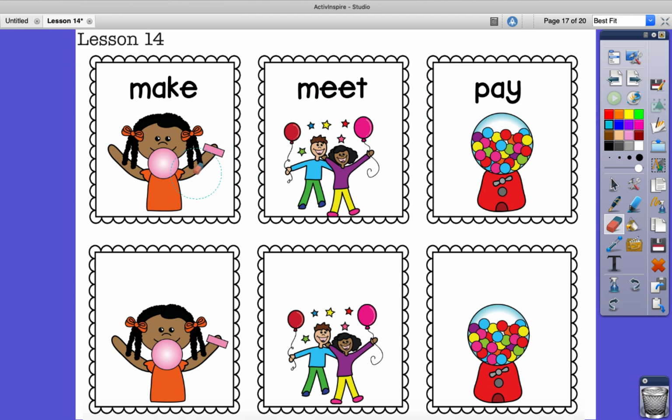Make. Today the girl makes bubbles with her bubble gum. Last week she made bubbles with her bubble gum. Meet will change to met. We get rid of one of these E's. And pay will change to paid.